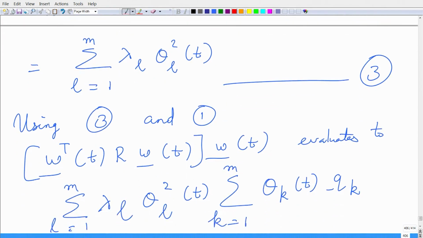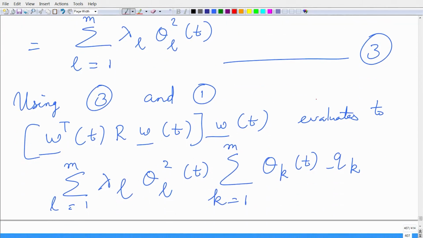Now using this equation, and my expansion for w of t in terms of the eigenbasis, I can compactly simplify this in this manner, which you see in the terms above.